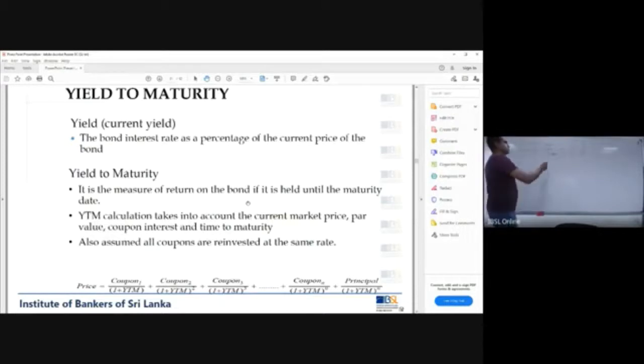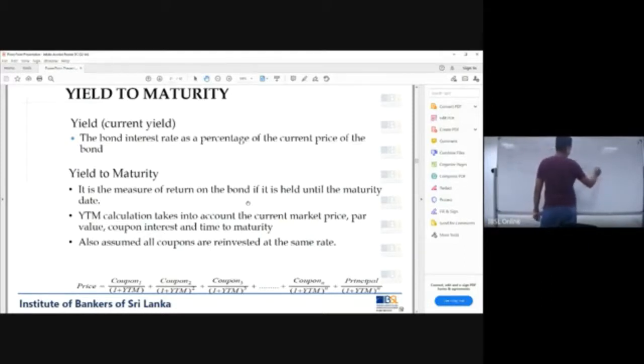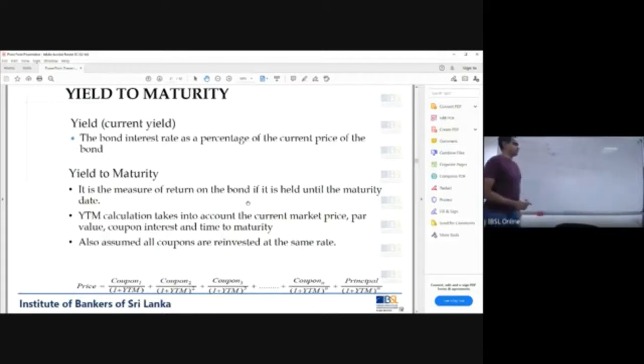So let's say the discount rate is R. If IRR is 0, you will get net present value is minus 90 plus 10 over 1 plus R plus 10 over 1 plus R square plus 10 over 1 plus R cube, which is 0 because you are discounting at the IRR.